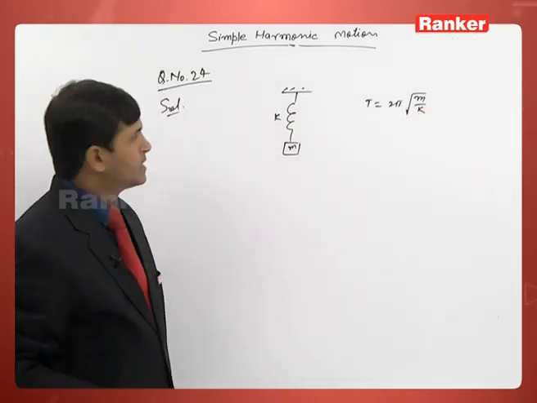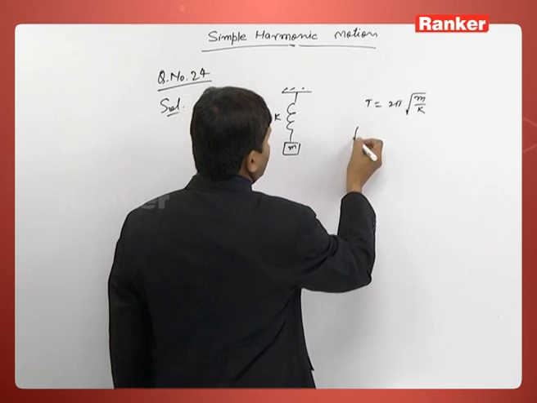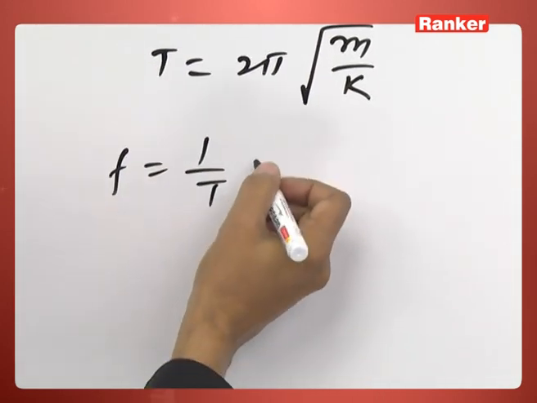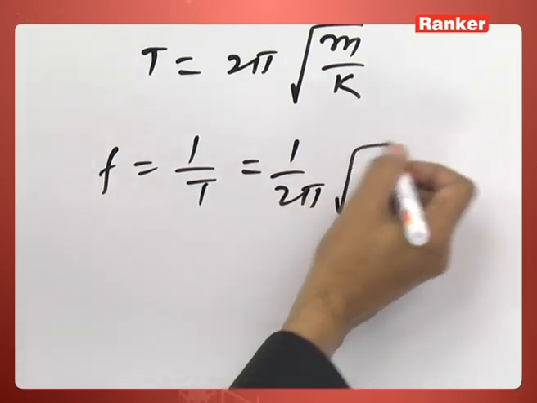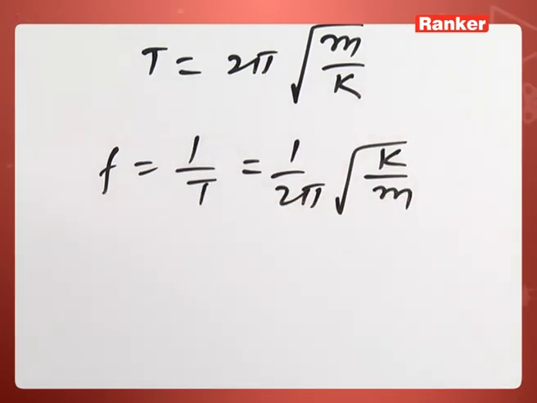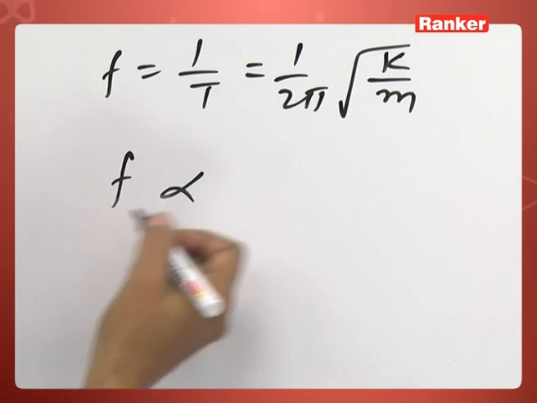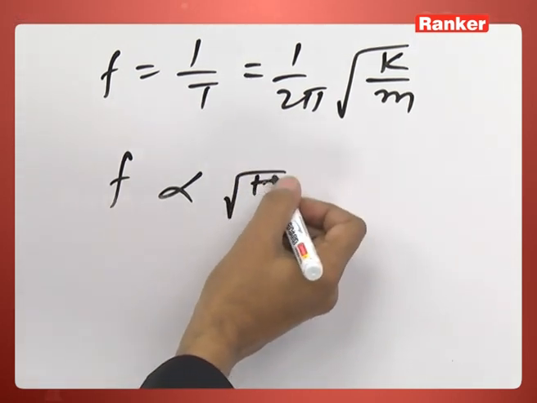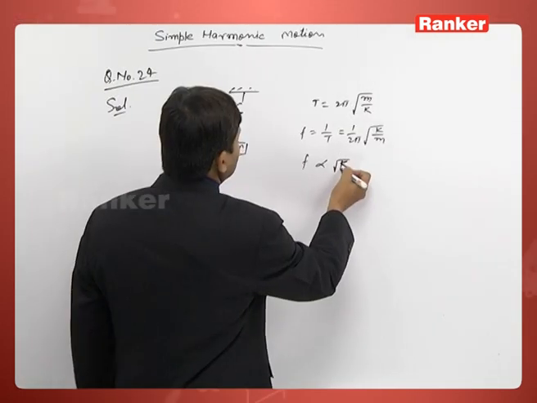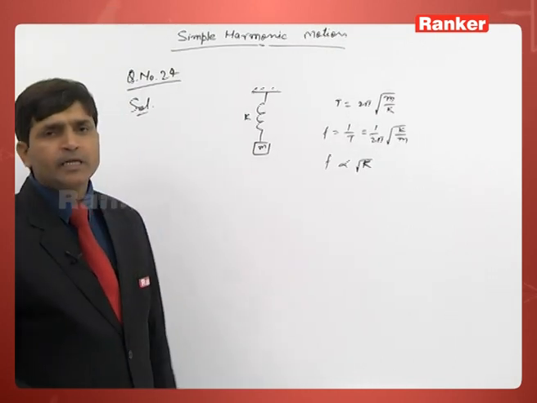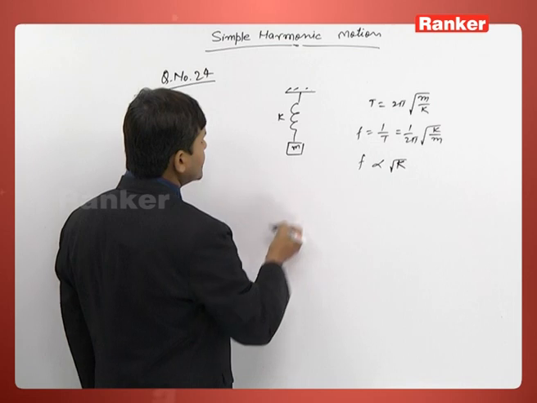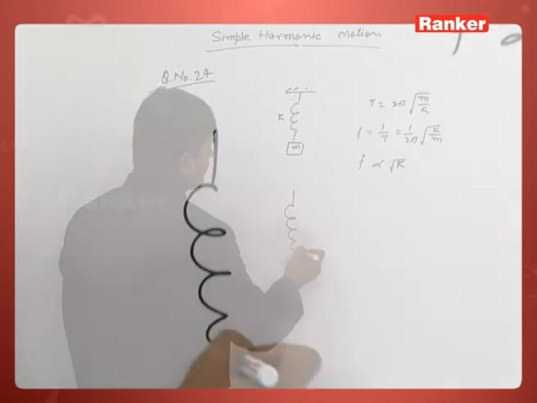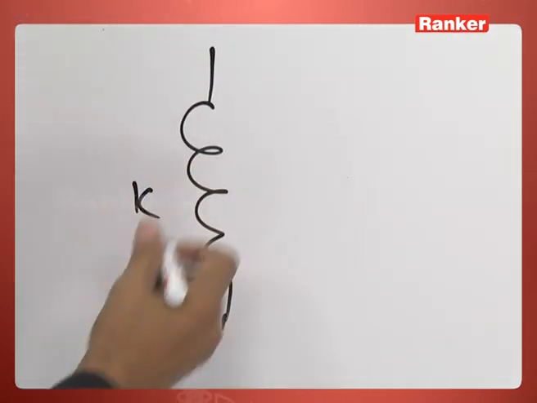So frequency f is equal to 1 by T, which is equal to 1 by 2 pi root over k by m. So we can say frequency is proportional to root over spring constant.